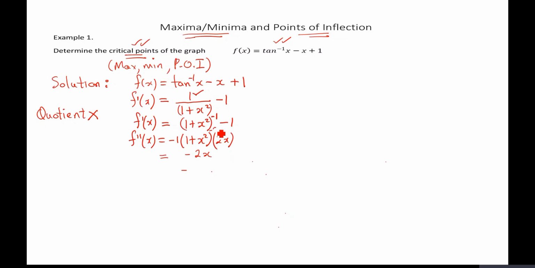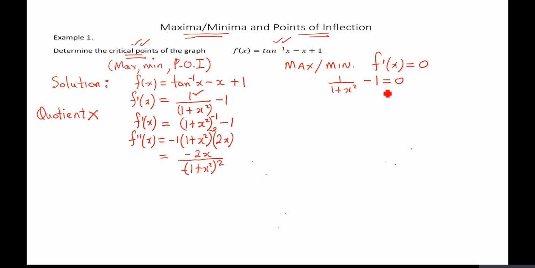The theory states if I want to calculate either maxima or minima, I must take my first derivative and put that equal to 0. That you know from basic school mathematics. So my first derivative is 1 over 1 plus x squared minus 1. Put that equal to 0. Transpose the minus 1. 1 over 1 plus x squared is equal to 1.